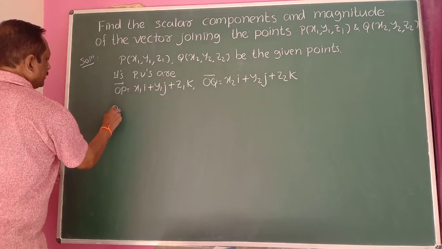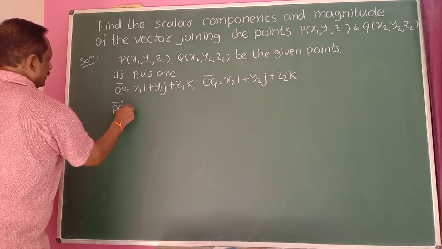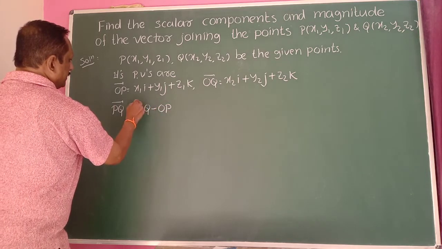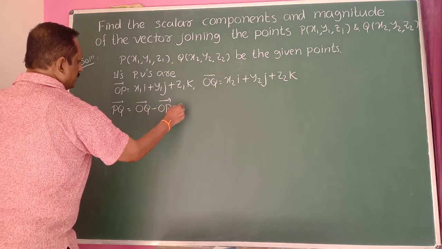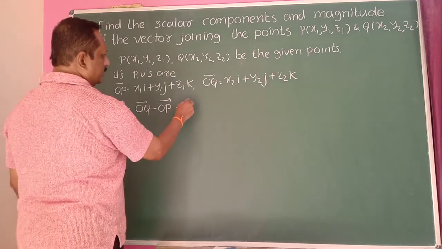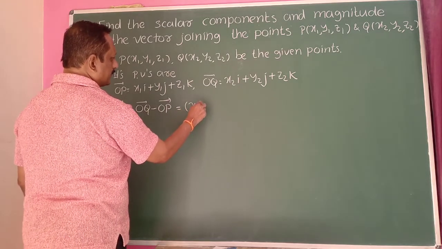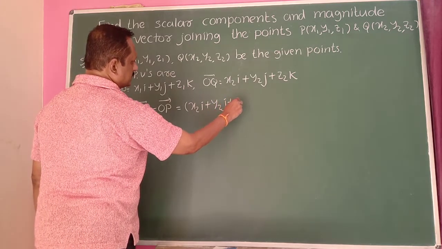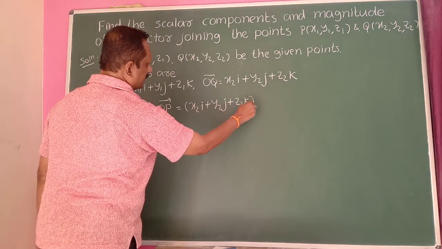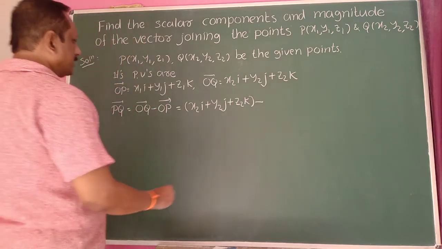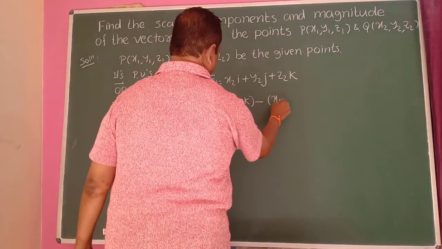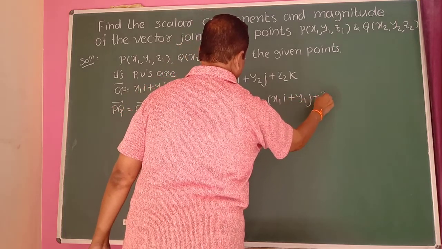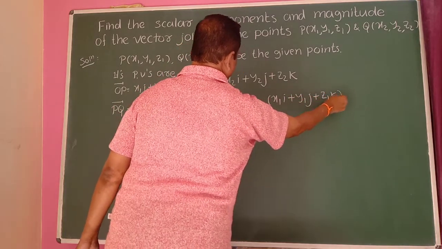Therefore, the vector PQ is equal to OQ minus the vector OP. That is equal to x2 i plus y2 j plus z2 k minus x1 i plus y1 j plus z1 k.